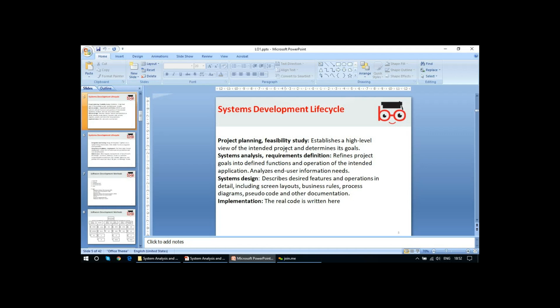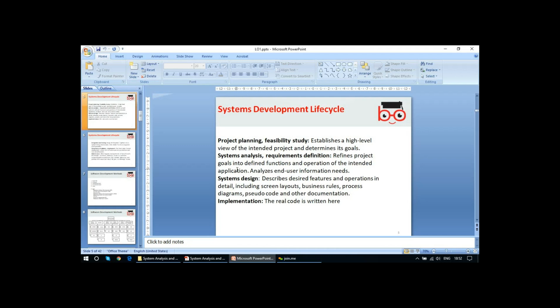It's the high-level view of the intended project. Planning is written in normal language, then in analysis, requirements, you refine the project into goals, into defined functions and operations of the intended applications.